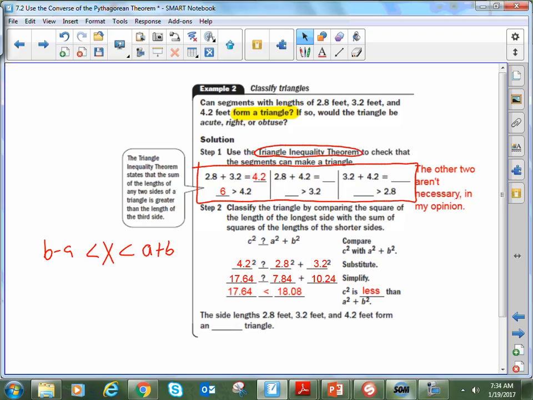So what we're seeing here is that C squared is less than A squared plus B squared, which tells me, according to the converse of the Pythagorean theorem, that this particular triangle would be an acute triangle.